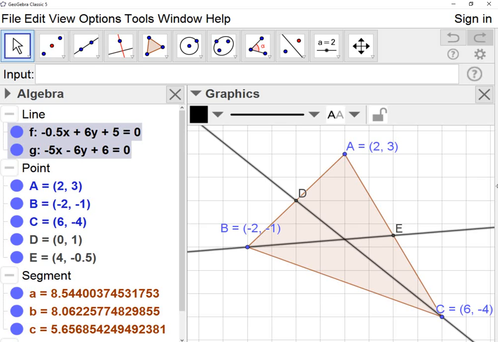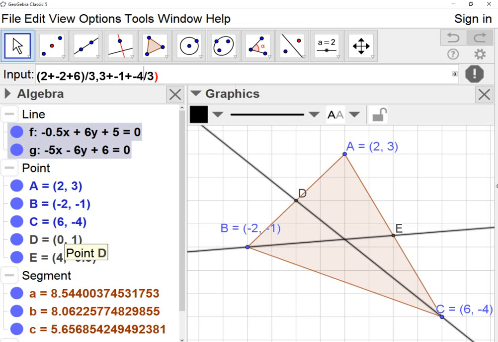And if you do that, that's fine. But you could also take the x values and add together. So you got 2 plus 2, or negative 2, plus 6. You'll divide that by 3. And then you'll take your y values, which are 3, negative 1, negative 4. You'll divide those by 3.